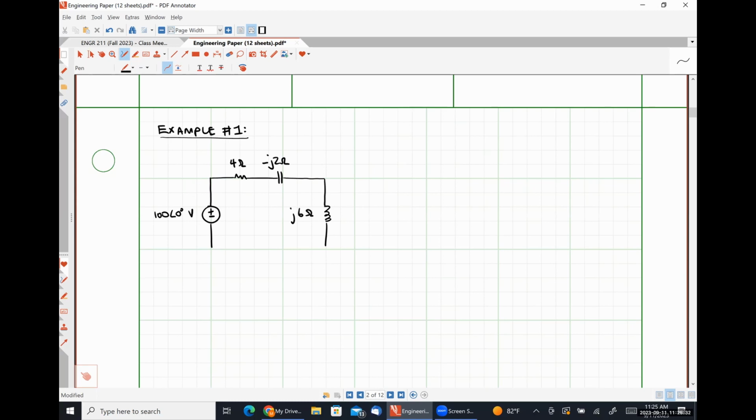Let's put the dot on bottom. And our mutual inductance seen between these two is J4. We have an 8 ohm resistor, a minus J4 ohm capacitor.